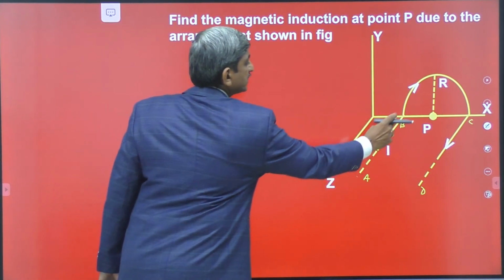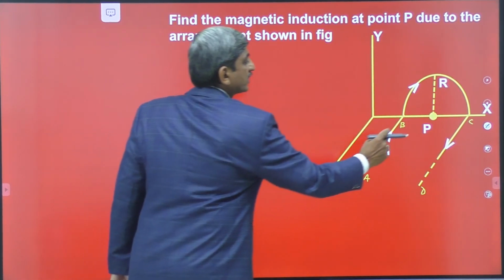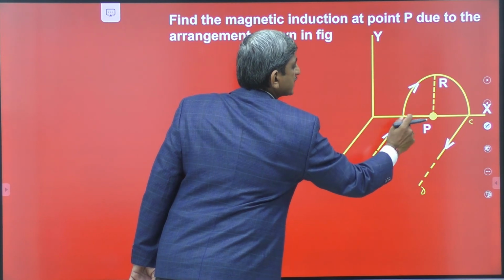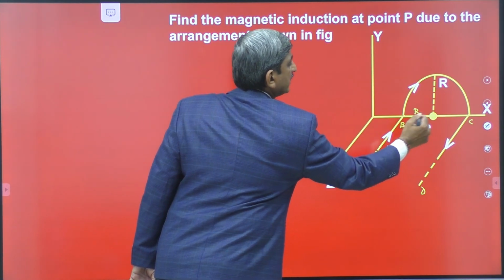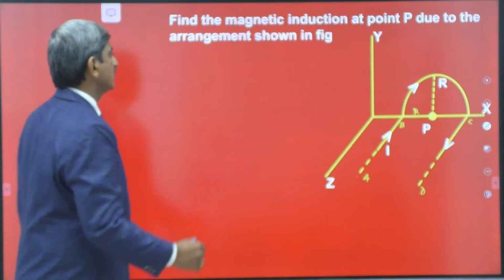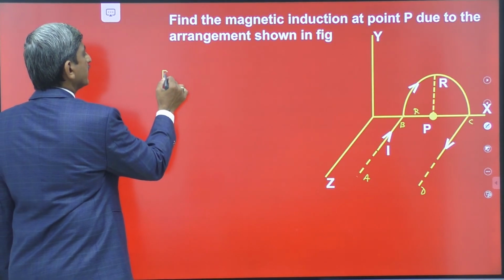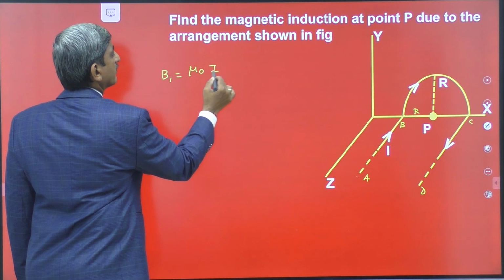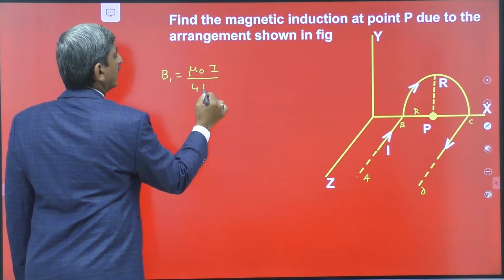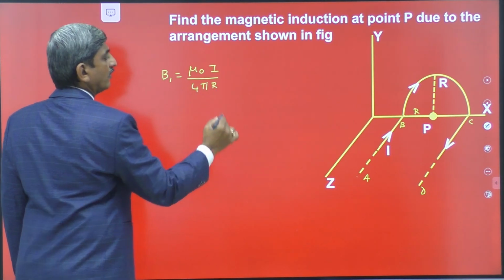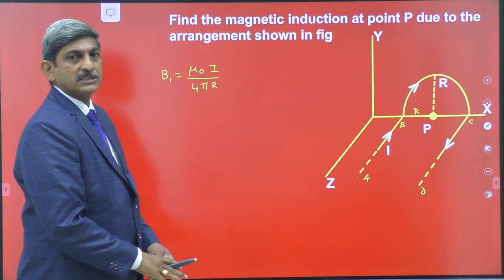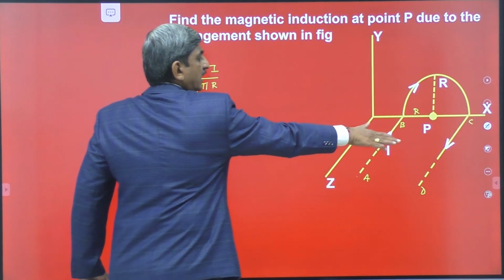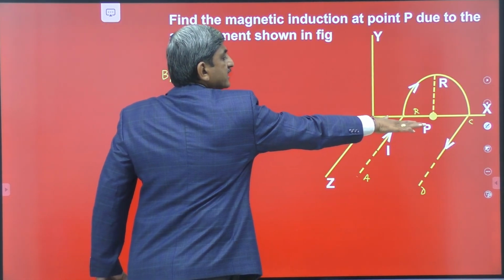First, due to this AB wire, you know that this point P is located at a distance of r from one end of the AB wire, so the magnetic field is given by B1 is equal to mu naught I divided by 4 pi r. What is its direction? See here, the current carrying wire is in the XZ plane.